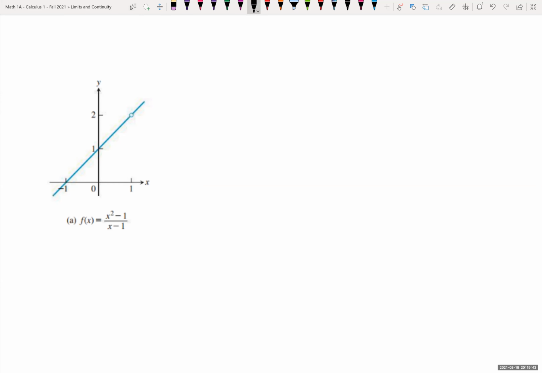A lot of times, if we're doing limits, it depends: do we have the function or do we have the picture of the graph? If I wanted to look here at the limit as x is approaching positive 1 of my function f of x, which is x squared minus 1 all over x minus 1, the first thing that you always want to do when finding a limit of a function at a particular value is just do direct substitution.